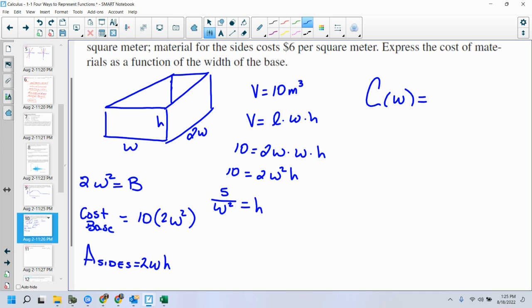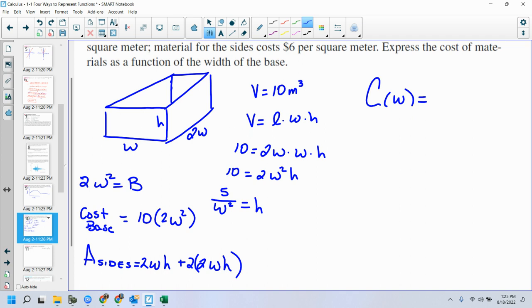Okay, and then we got the side, the right and left. I've got a 2W and an H. So the area for just this right side is 2W times H, 2WH. But do we have one of them? We got two. This first piece here is just the front and the back.